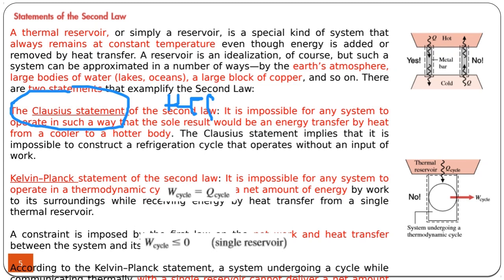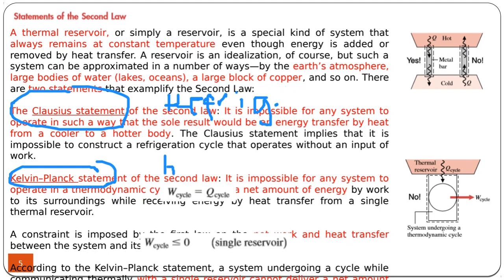And the second statement is called Kelvin-Planck statement. According to Kelvin-Planck statement, it's not possible to convert all the heat energy to work. So it says that some of the input energy must be rejected, otherwise the cycle cannot be completed. So this is used in heat engines.